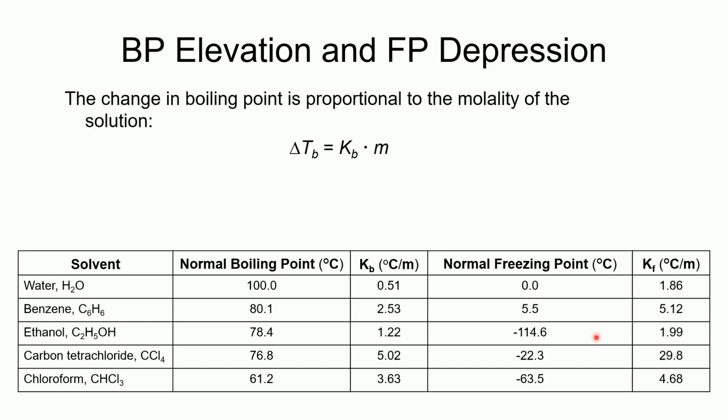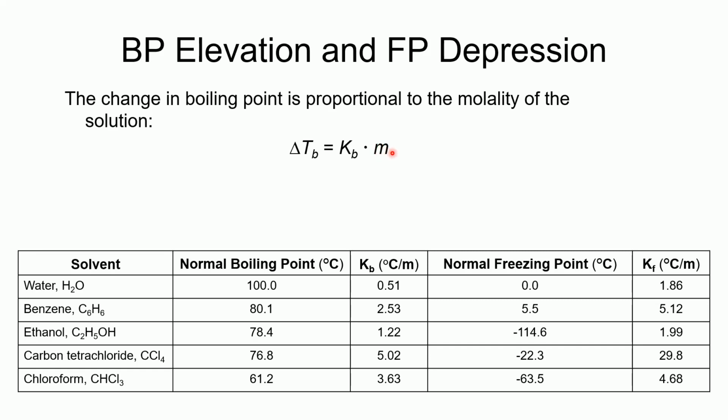All right, so here is the formula for the boiling point elevation. Delta Tb is the boiling point elevation. It is equal to Kb times the molality of your solution. Kb is the molal boiling point elevation constant, and it's going to be in units of degrees Celsius per molal. Molality here is simply the molality of your solute in your solution.